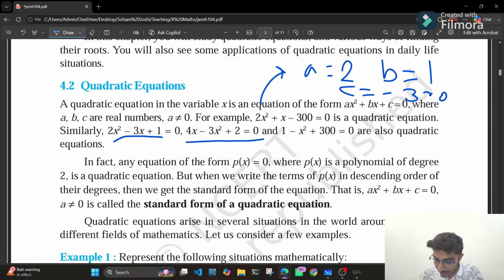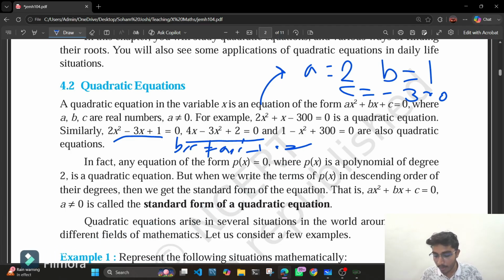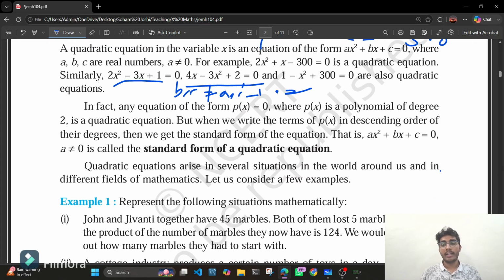Here you can see that it is in the form bx minus ax square plus c equal to 0. That's okay, because we can say that a is minus 3. That is not the problem, but the term x square with any coefficient should exist. So basically, there are two conditions: a, b, c are real numbers and a is not equal to 0. I hope this is clear.